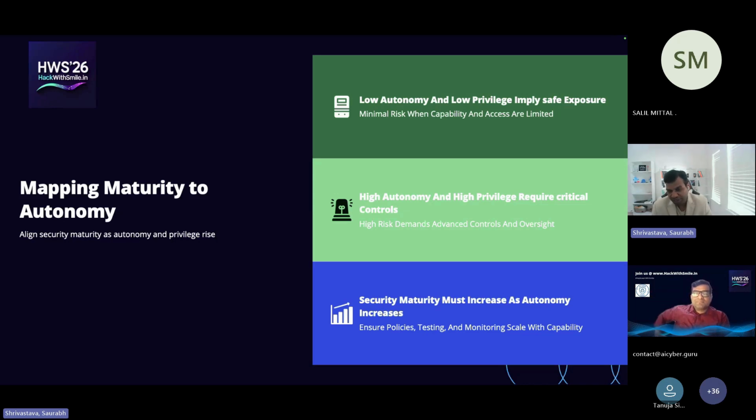If you are doing things manually, low autonomy is there with your entire agentic AI system, low privilege is fine. But if you keep an overall goal to automate everything, like these agents should be able to do the reasoning, validation, talk to each other, and give you the final output for the approval, in that case, your policy should also act like that. It cannot be that the system is highly autonomous, but your security is still manual.